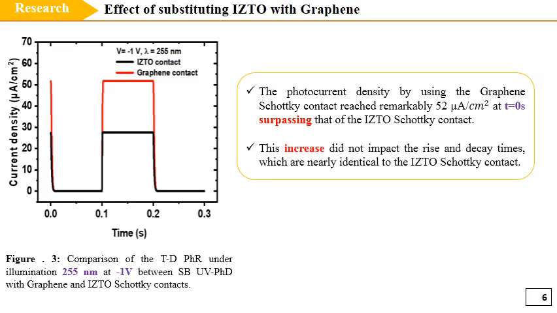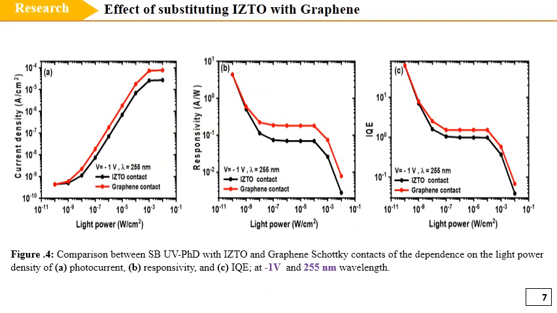This increase did not impact the rise and decay times, which are nearly identical to the IZTO Schottky contact. As shown in figure 4, A and B present the photocurrent responsivity and EQE versus light power density, comparing IZTO and graphene at -1 volt and 255 nanometer.